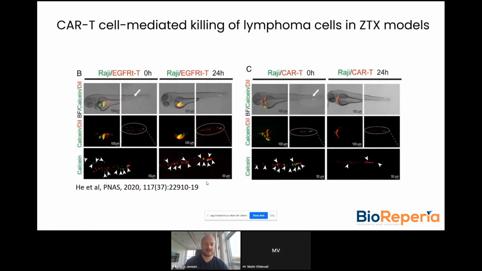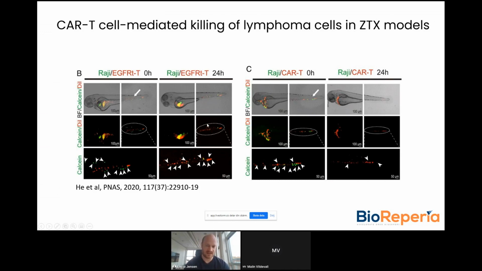that a similar system would demonstrate the efficacy of CAR T cells, again anti-CD19 CAR T cells, against Raji lymphoma cells. When mixing Raji and CAR T cells together and injecting them IV, you can see that the Raji and CAR T cells co-localize in the hematopoietic caudal plexus, and 24 hours after injection, all of the Raji cells are killed by the CAR T cells.